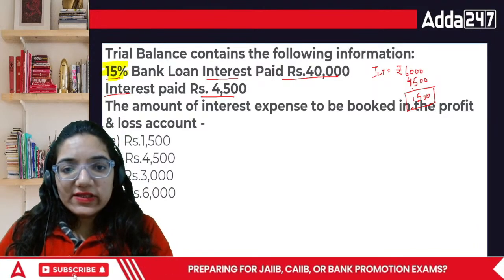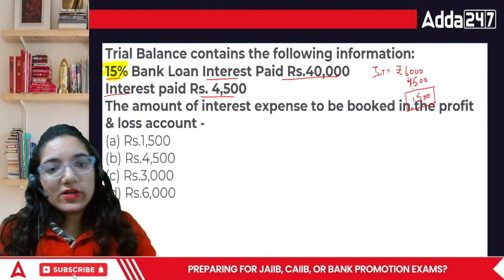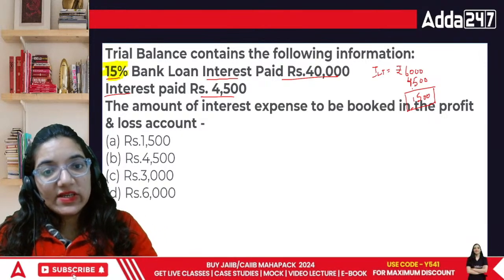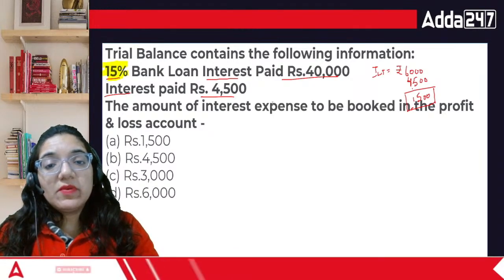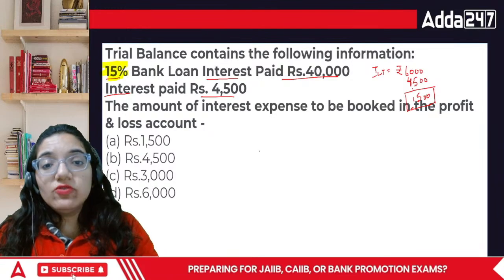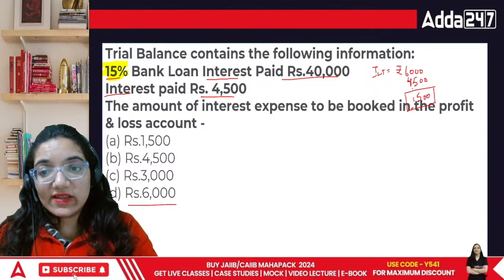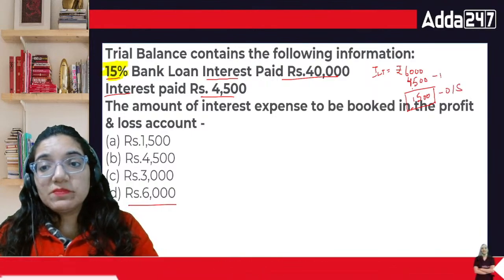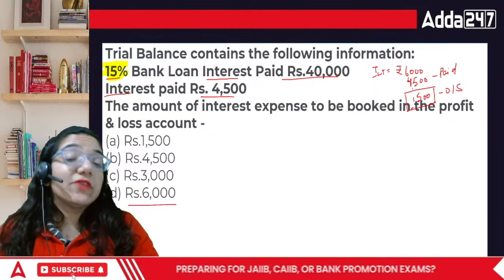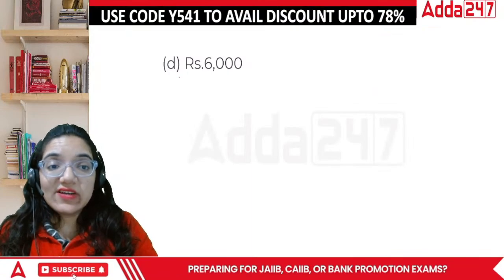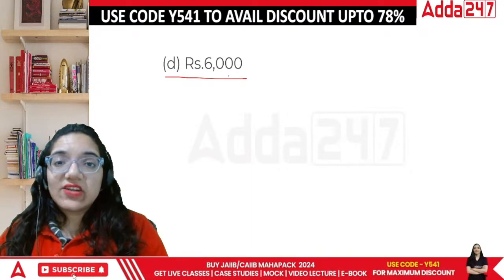When you are recording these things, you will have to see what particular amount you are charging in your books of accounts: 1,500, 4,500, 3,000 or 6,000. Remember, the amount due is 6,000. The person has paid less. This part is outstanding, but the remaining is paid. That means the total amount for this year is actually 6,000. Okay? These are trick questions.